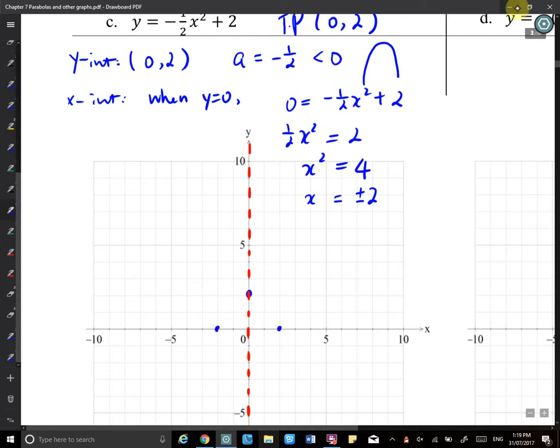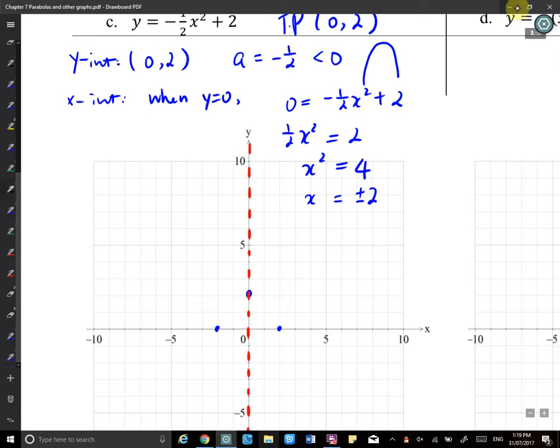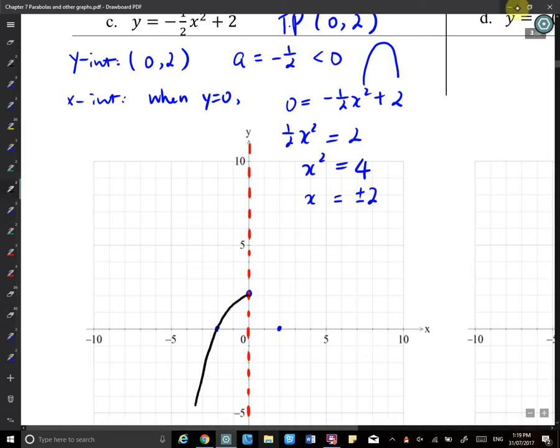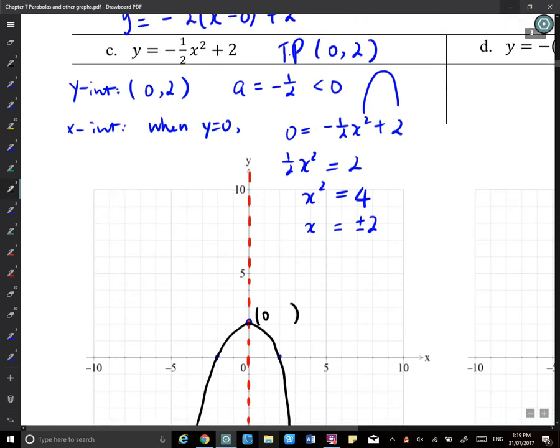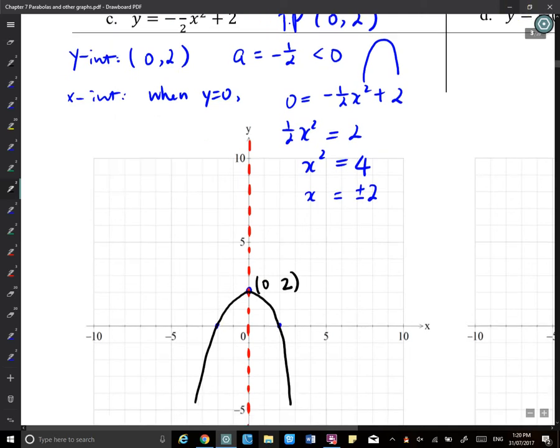It's symmetrical, so I'll have this shape. That point is 0, 2, not 0, 3. And this is 2, 0, and that's negative 2, 0.